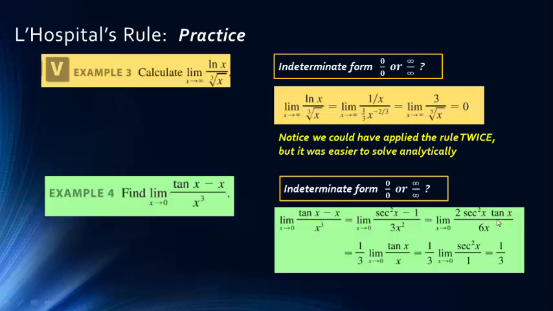Secant squared x tangent x. When we simplify this, it just goes down to tangent x, but that doesn't make any sense.